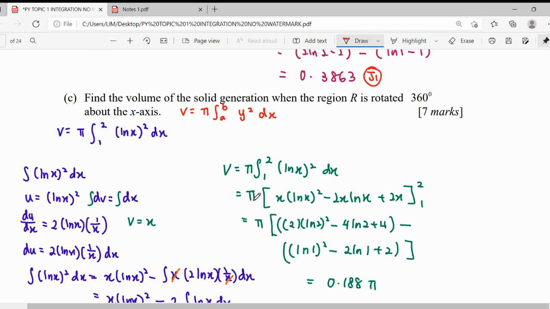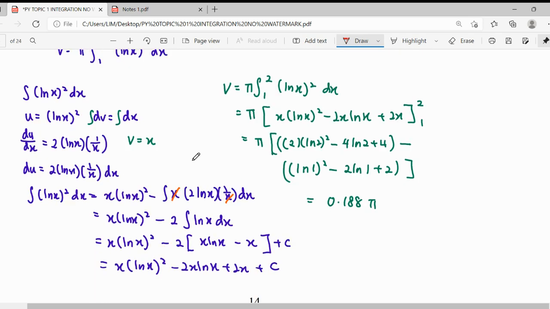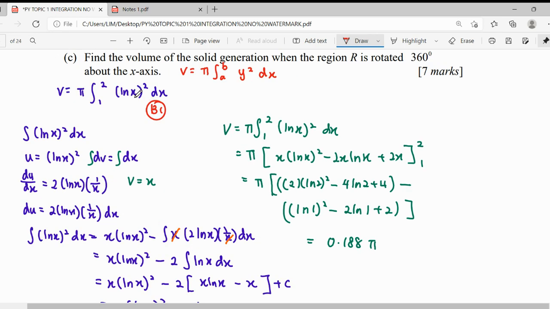So for this question, 7 marks because of quite long questions. So of course the first part is our formula. Okay, our volume formula, write it correctly. And then our integration by part, our concept of integration by part, and then we plug in our answer here.